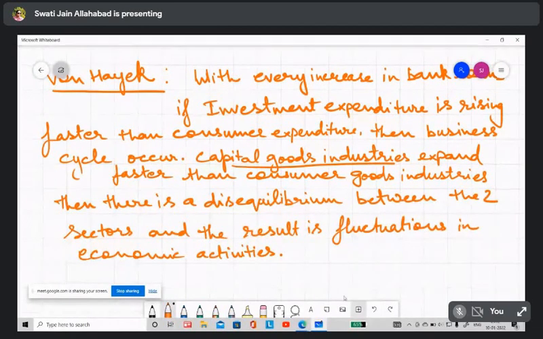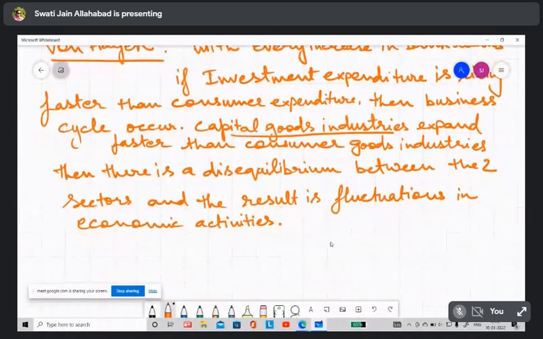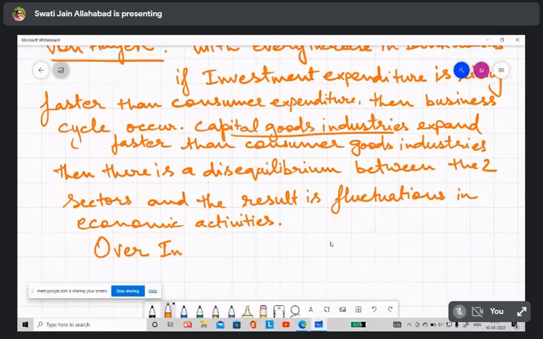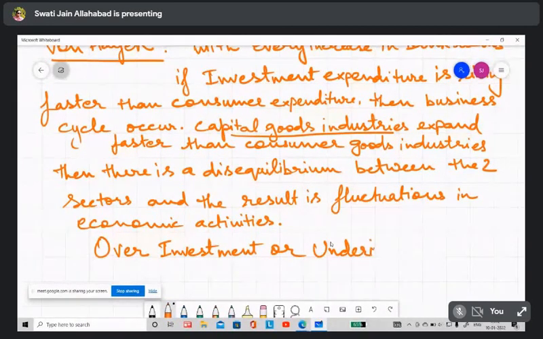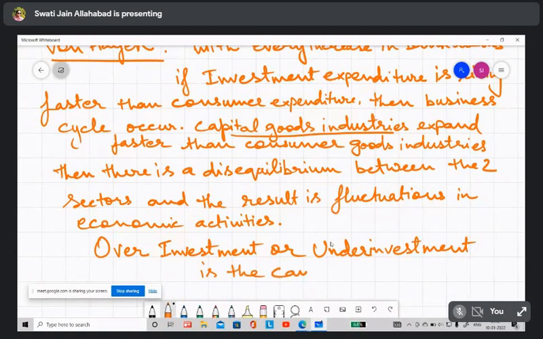So in that way, von Hayek is talking about overinvestment or underinvestment as the cause of business cycle.